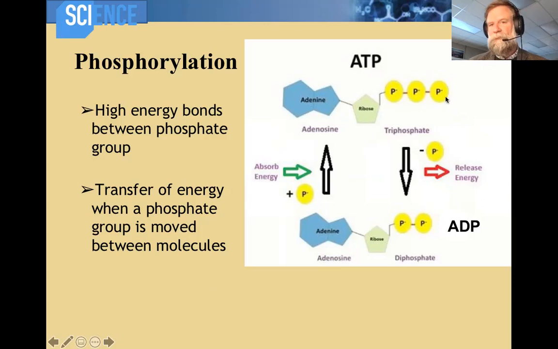This phosphate breaks off, releases energy, and that's how the energy is converted or passed on at the correct location so other chemical reactions take place. Any active transport that needs to be done requires ATP. Okay, and so when that phosphate pops off, energy is released, bond energy, that's the high energy bond.